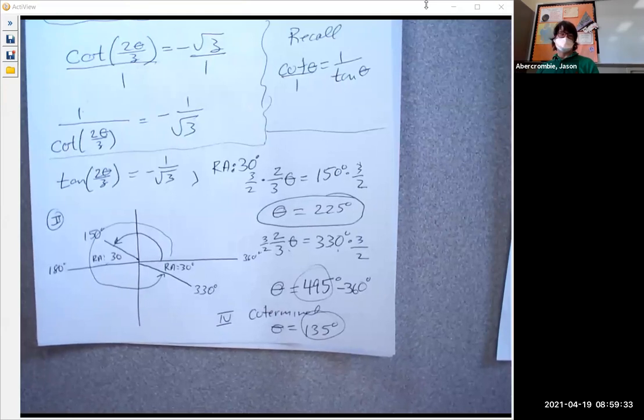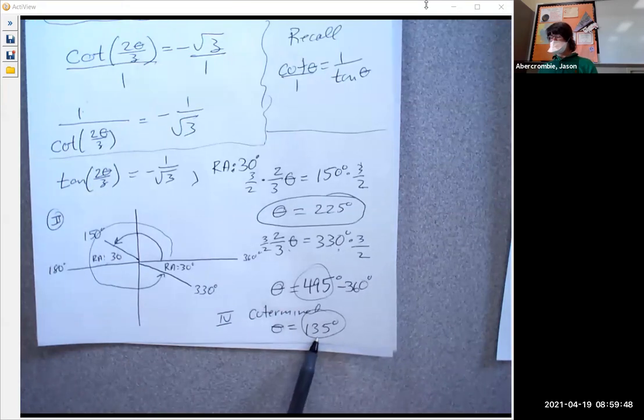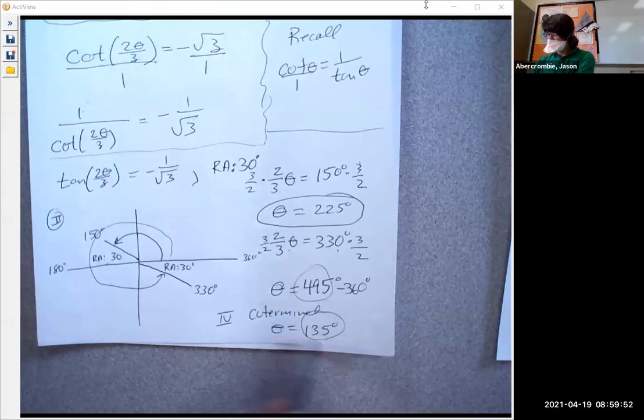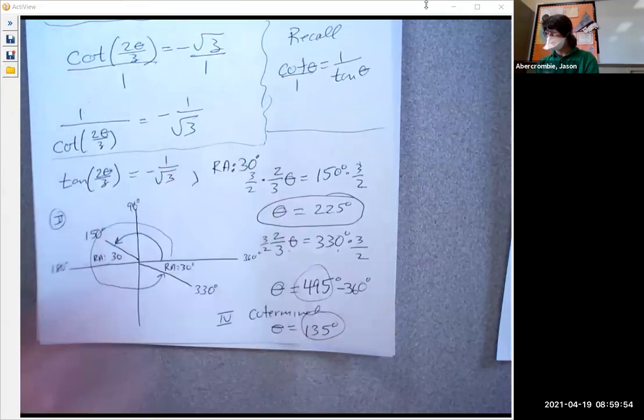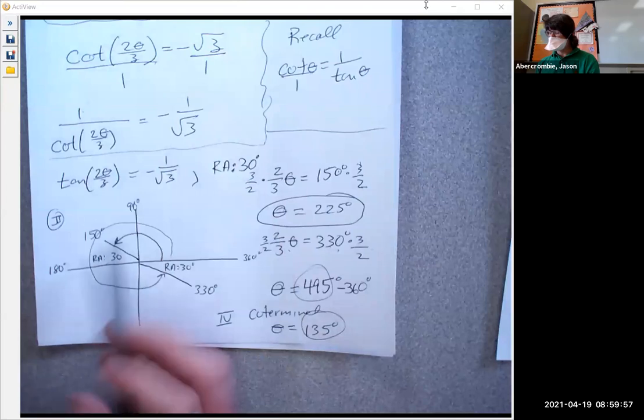I'm going to backtrack on what I just said, because I don't like numbers that are bigger than 360, but I just forgot that we had 2/3 out here, and if you put 135 times 2/3, you're going to get 90. And I'm going to tell you right off the bat, the tangent of 90 is not -1/√3.